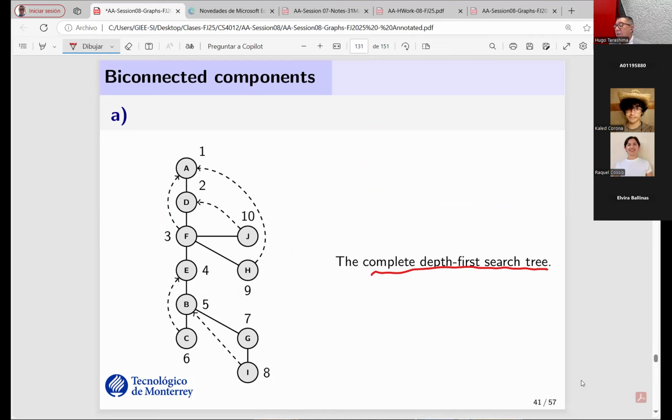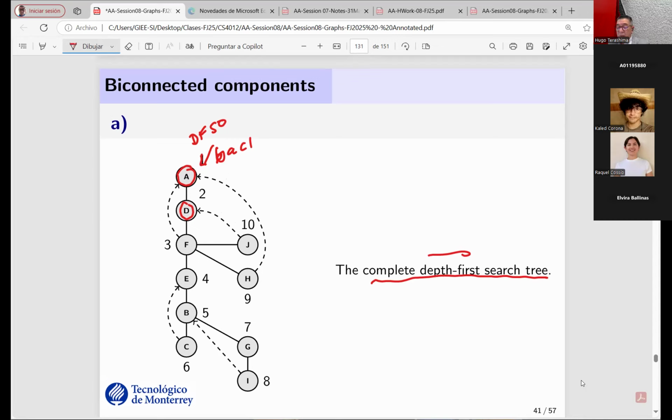And what you're going to do is add 2 numbers to each of the nodes, right? One is the order in the search, the DFS order, and the other is the back value for that node.